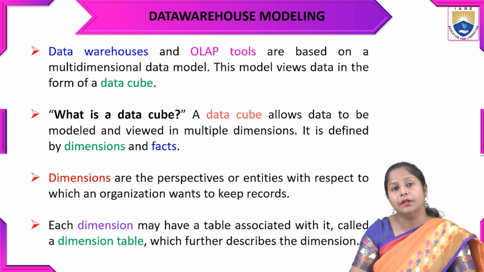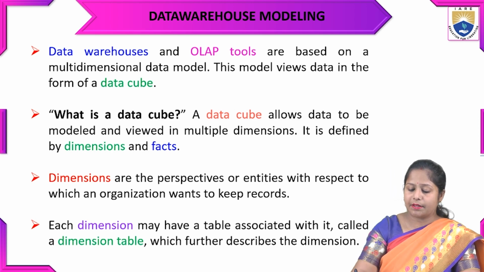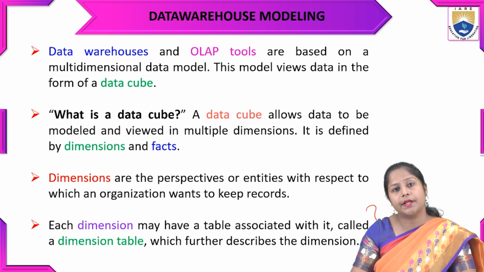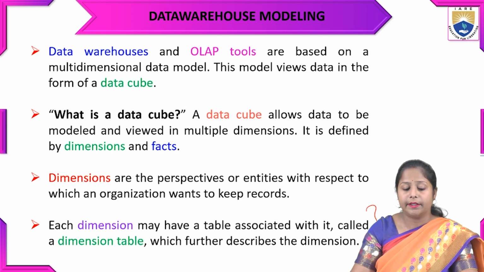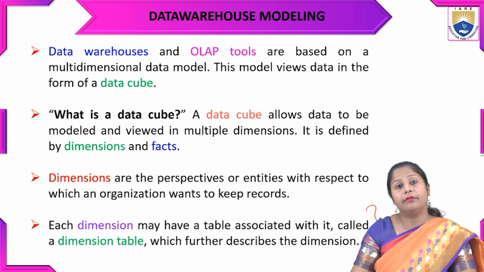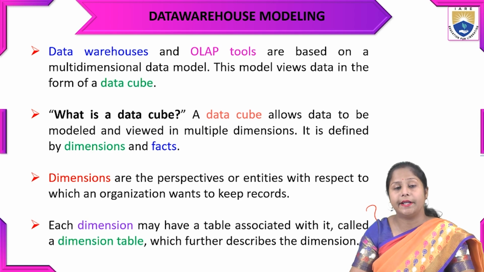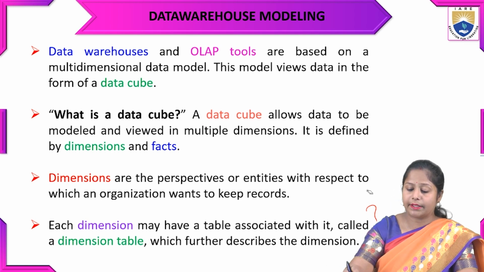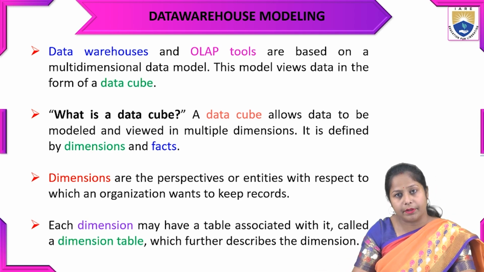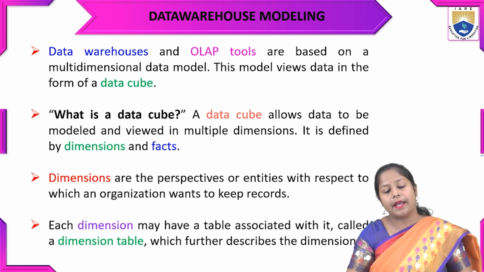Each dimension may have a table associated with it, because there will be a fact table, which is the central table. The table related to a dimension is called a dimension table, which further describes the dimension.